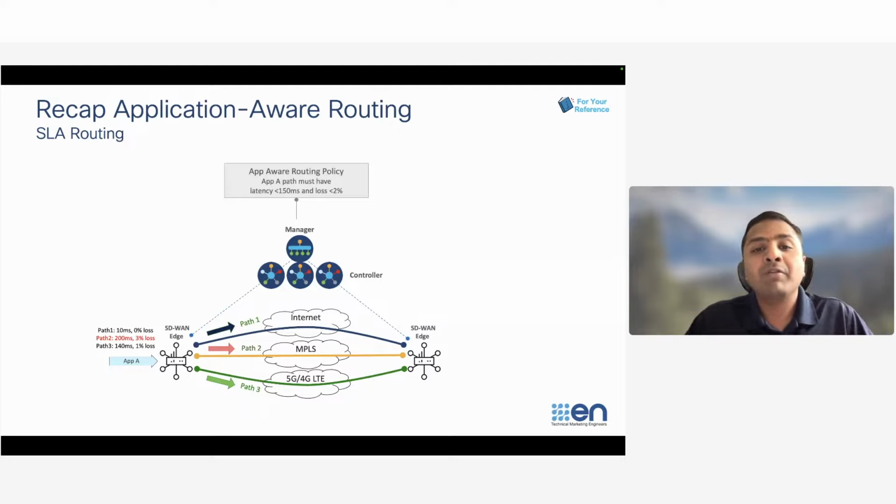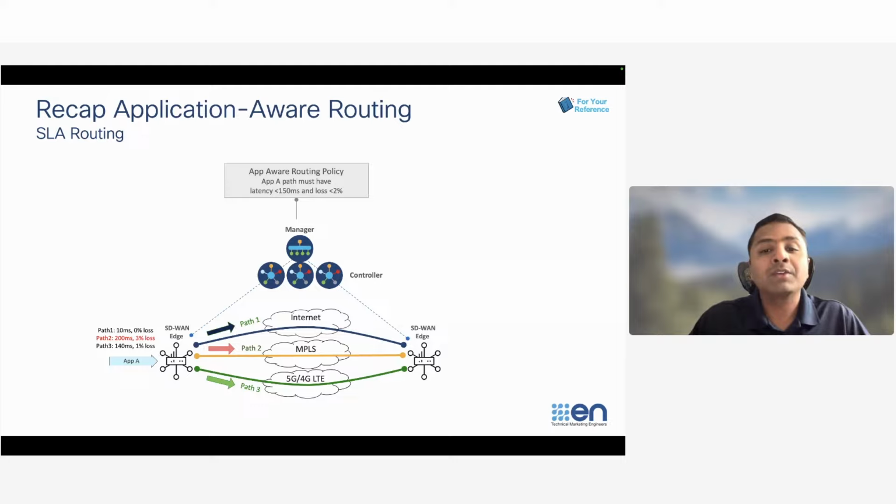Then, using an application aware routing policy, you can set up an SLA for a given application. We measure this constantly, and if an out-of-threshold condition is indicated, we will move the traffic for that application to a different path. And this is all done dynamically.